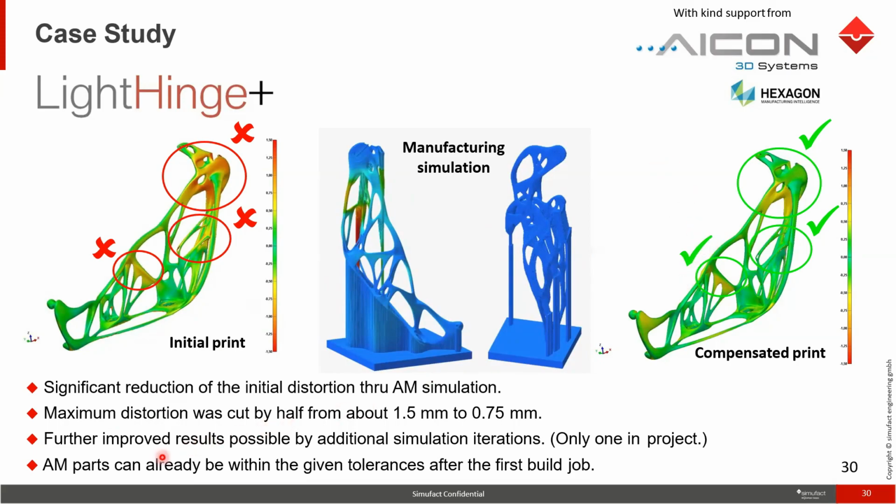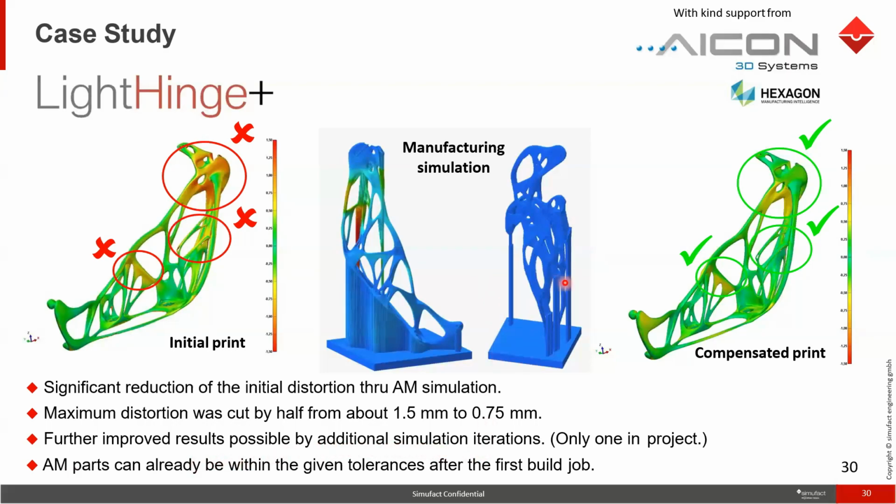Maximum distortion was cut by half, from about 1.5 to 0.75 mm. Using SimFact simulation software, they were able to reduce the distortion during the build and then manufacture the part. Further, AM parts can be within the given tolerance after the first build.